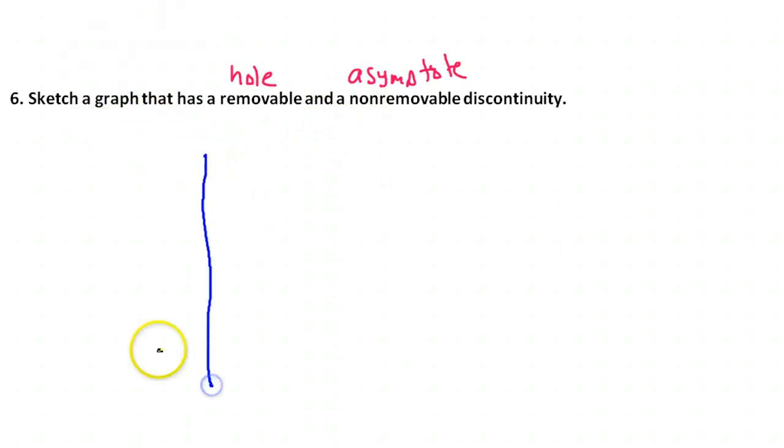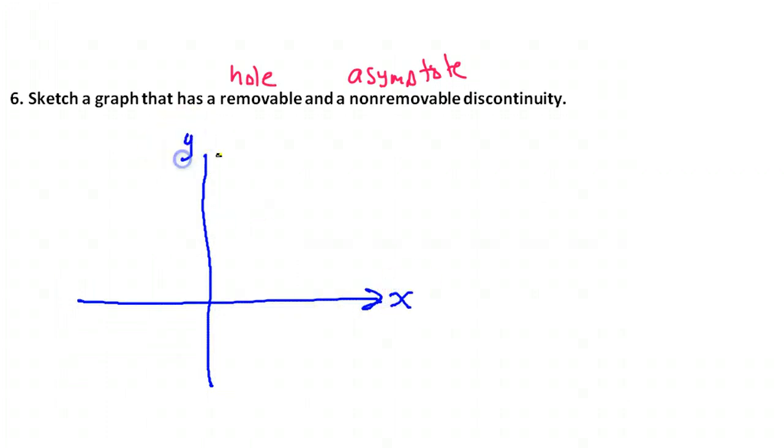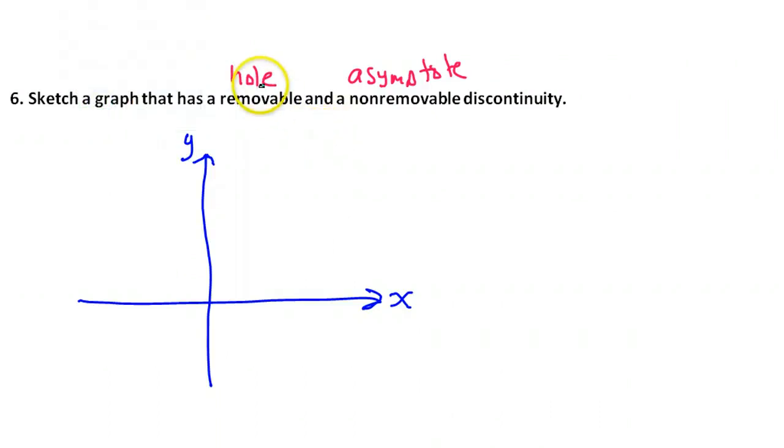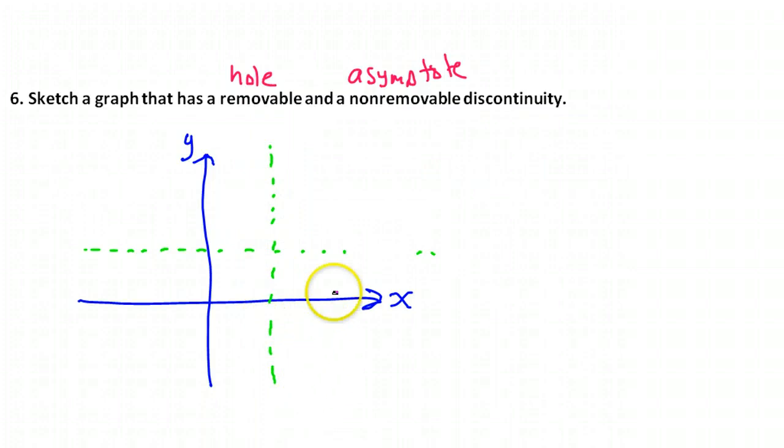Let's say this is my x and y axis. Alright, so this is my x-axis, here's my y-axis. Now here comes my graph. Okay, let's see. Let's put some asymptotes in here. So I can have like a horizontal asymptote, let's say, and I'm going to throw a vertical asymptote in here as well. Okay, so far there's my non-removable asymptotes. I mean non-removable discontinuities.